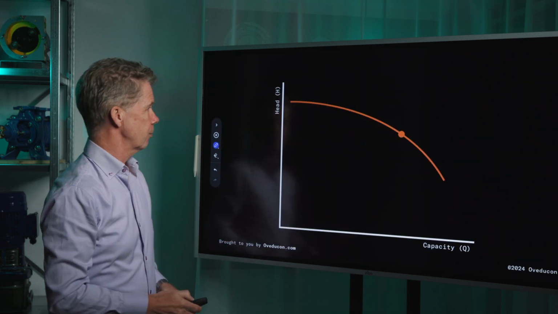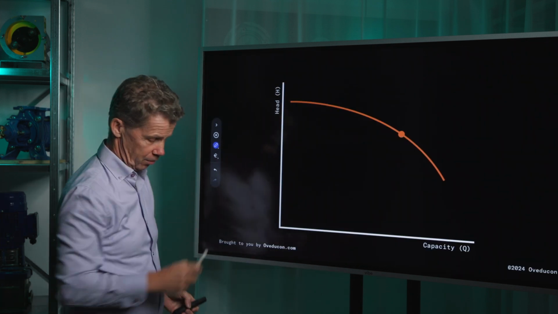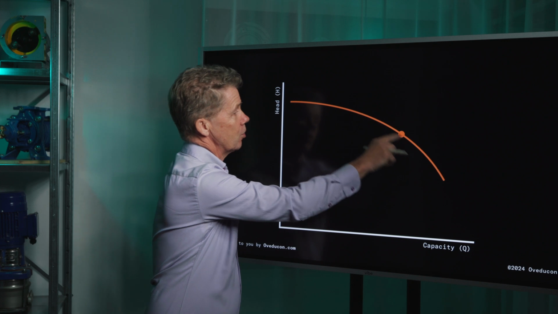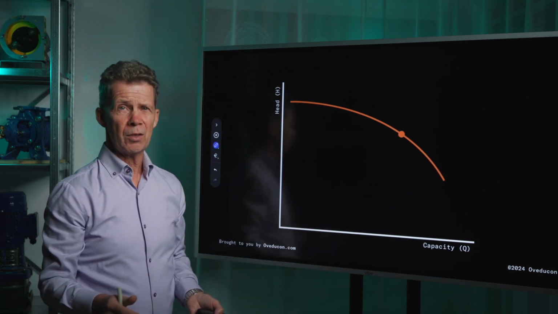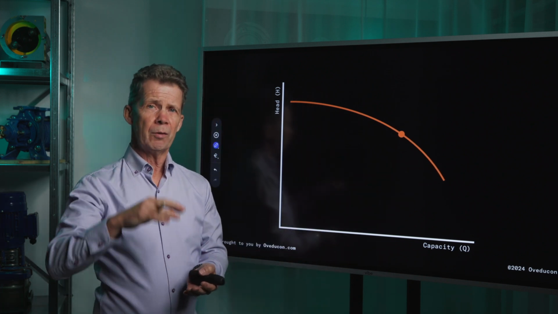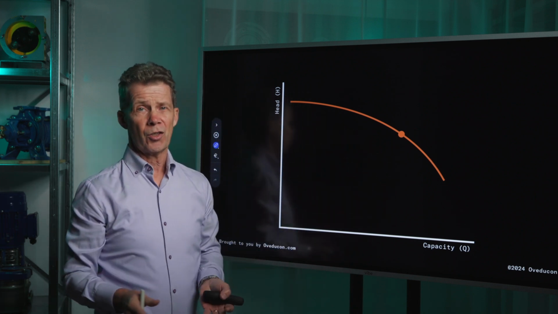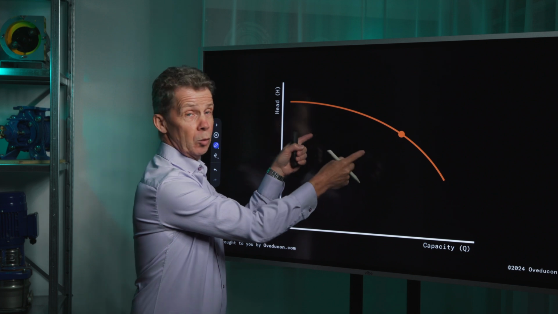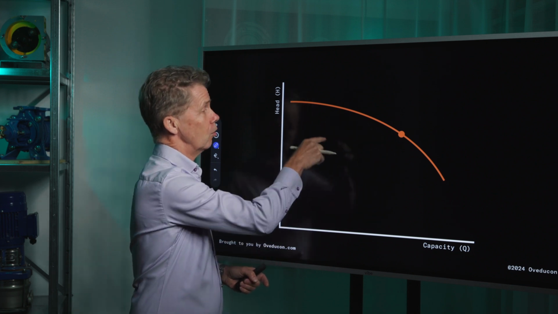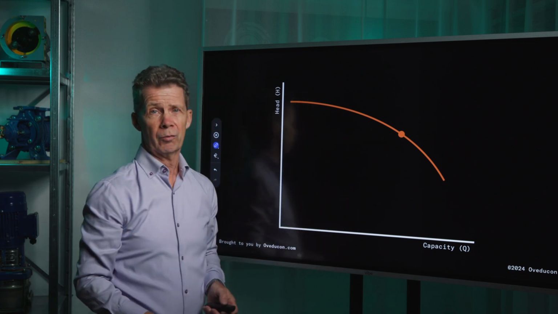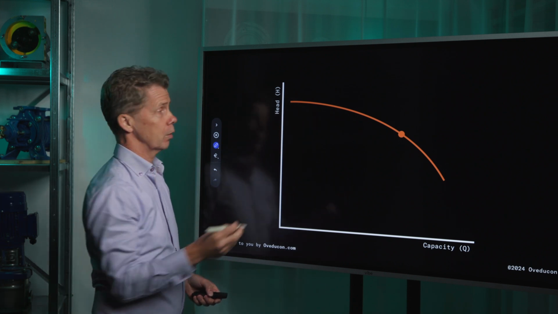In a pump curve it looks like this. This is the pump curve at full speed, and if we lower the frequency, the shape of your pump curve stays the same. The pump curve will be shorter and it will be lower in your curve itself. I will draw it for you.